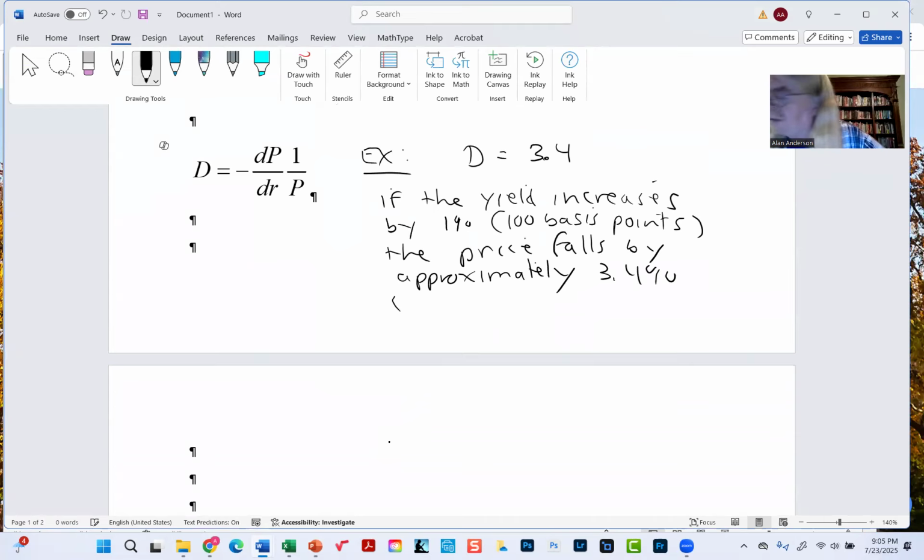And of course, it cuts both ways. So we'll put in here, and vice versa. In other words, if the yield goes down by 1%, the price should go up by approximately 3.4%.